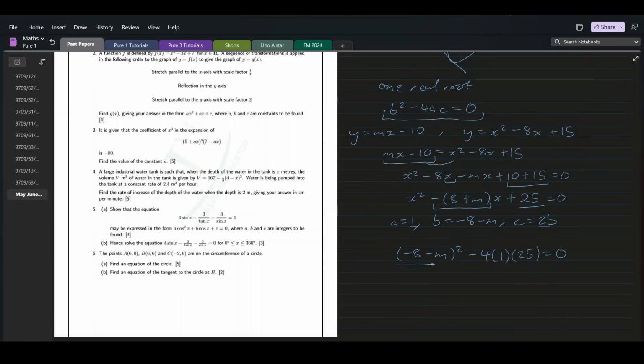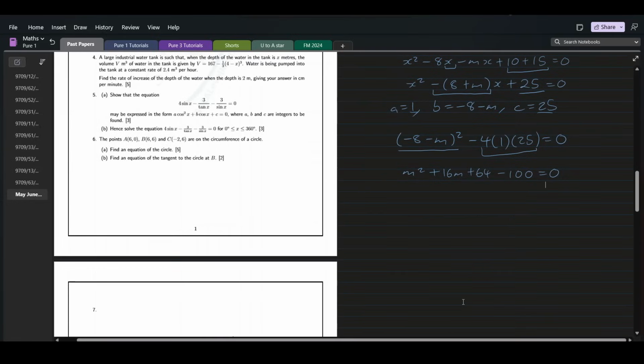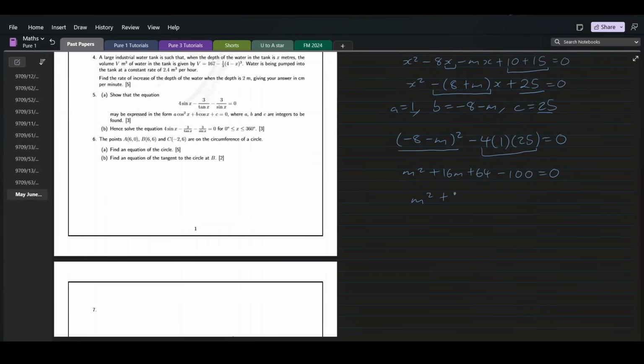So if we expand this, we get m squared plus 16m plus 64, and then if we expand this, that's negative 100, and this is all equal to 0. And so this simplifies to give us m squared plus 16m, 64 minus 100, that gives us minus 36, and this is equal to 0.